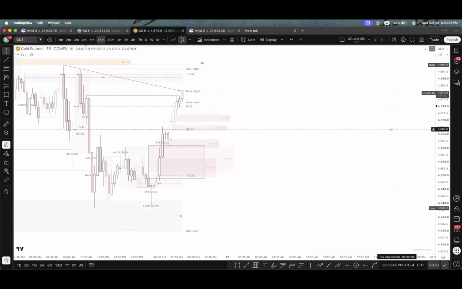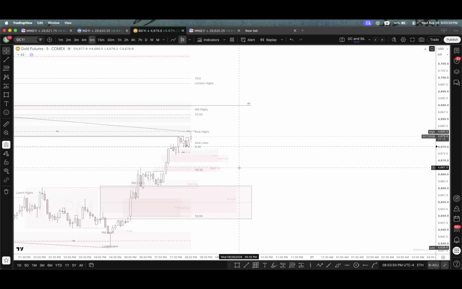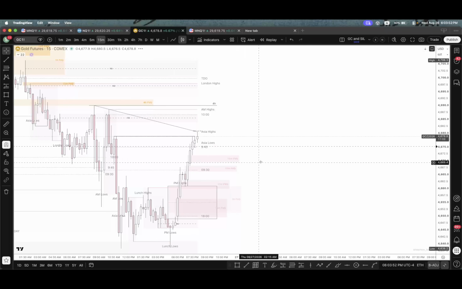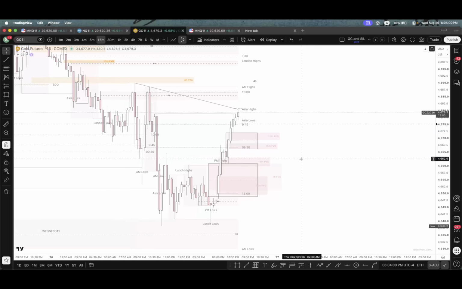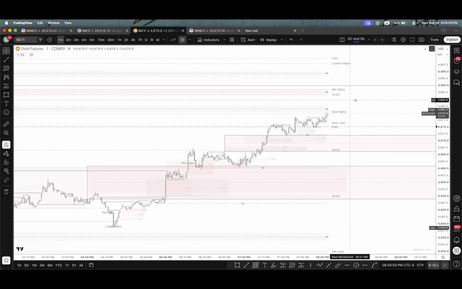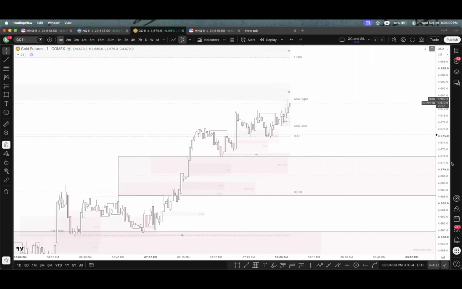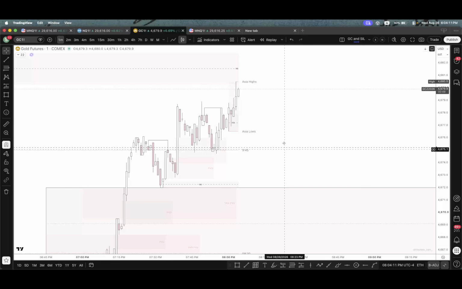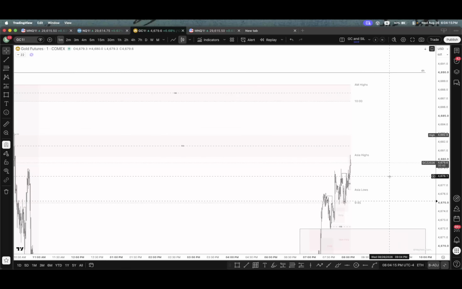Are there any 50 minutes? Okay, we do have some 50 minutes. So this is pretty good for shorts if it does happen, because we have all of these good, fresh 15 minutes unmitigated, right? So if we get some sort of displacement here, I would be looking to take a trade. We'll see.